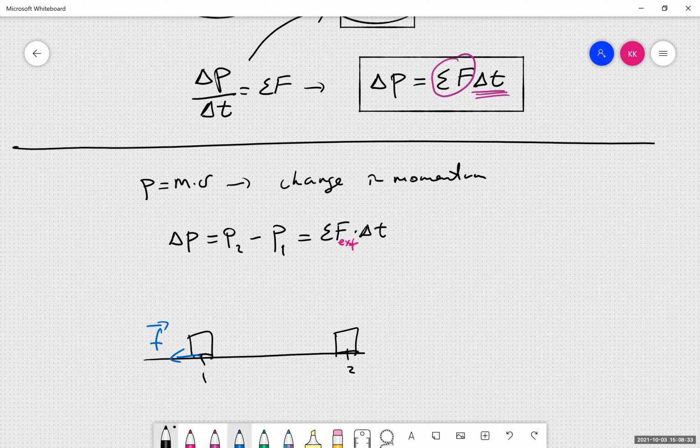During this displacement, the friction was slowing it down. That's why when it got to point 2, it was moving slower. So this friction is the external force responsible for changing the speed or velocity of the object, which directly goes into changing the momentum. That means to change the object's momentum, you need an external force.